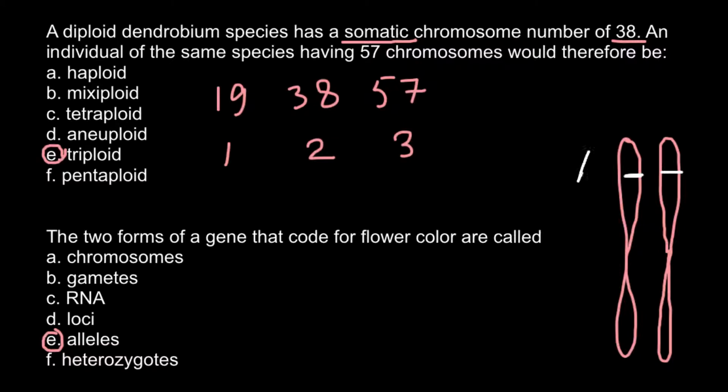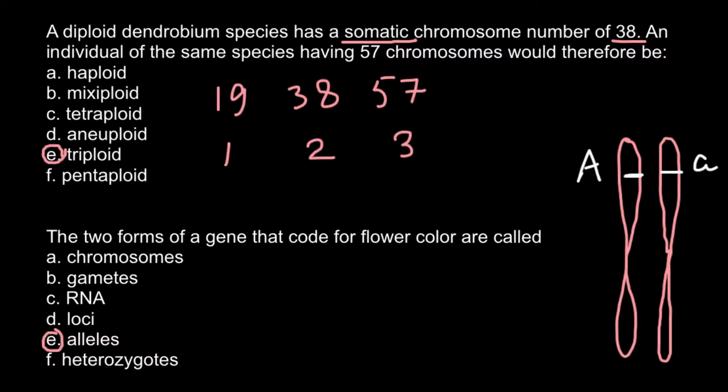For example, one can be of one type, for example dominant, another can be recessive. The sequence would be the same, but in some places some nucleic acids can be different, and even a mutation of one nucleic acid would lead to the formation of a new allele.